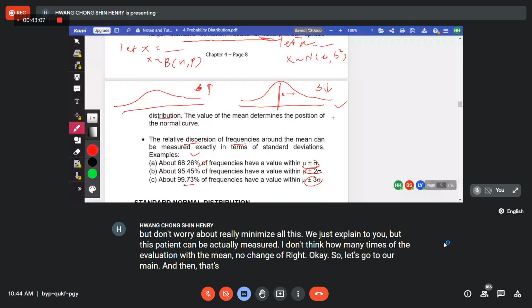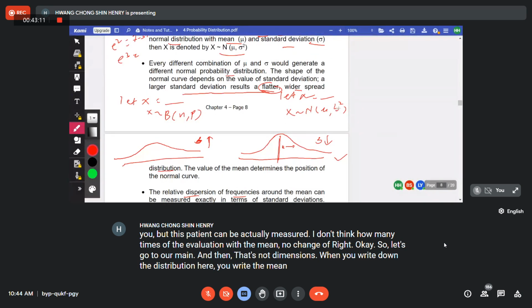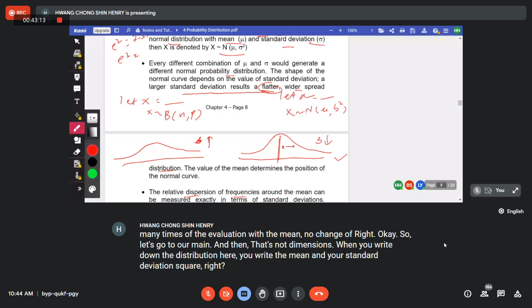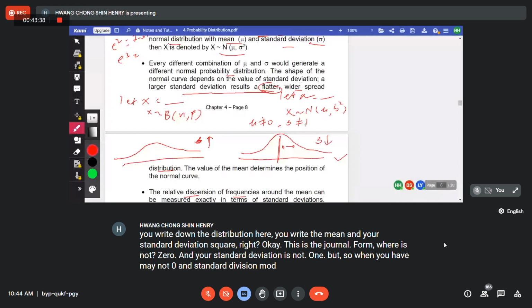Just like I mentioned, when you write down the distribution, you write your mean and your standard deviation squared. This is the general form where your mean is not 0 and your standard deviation is not 1.